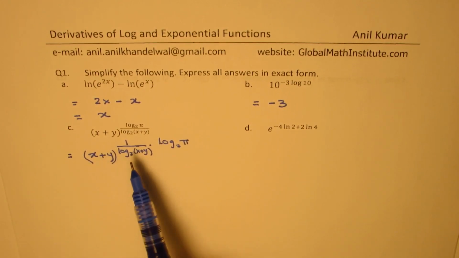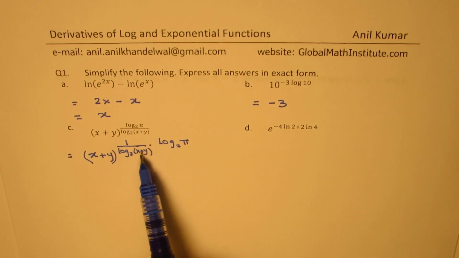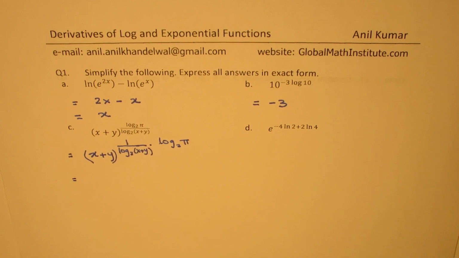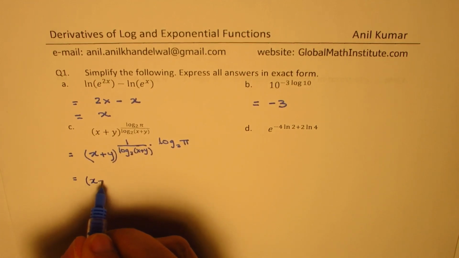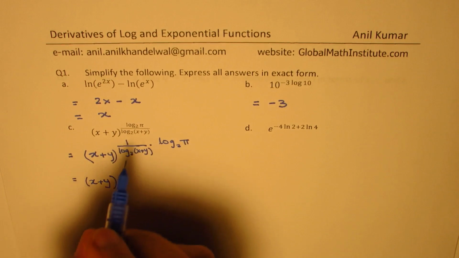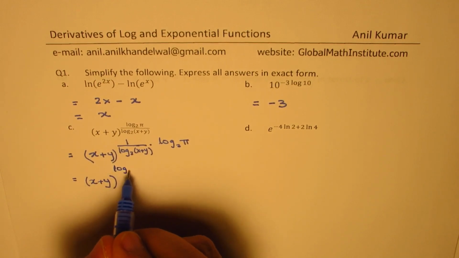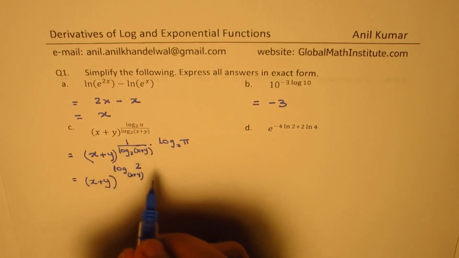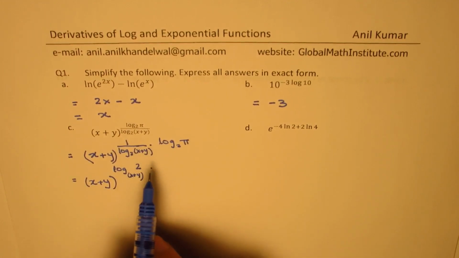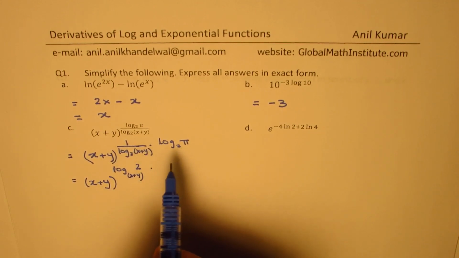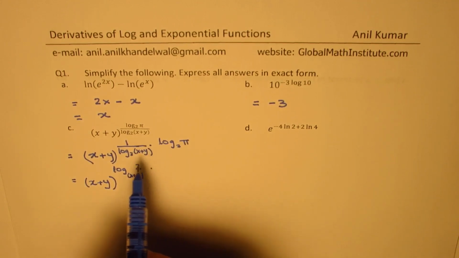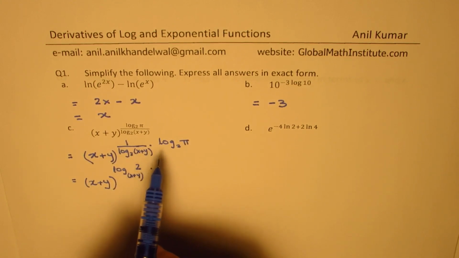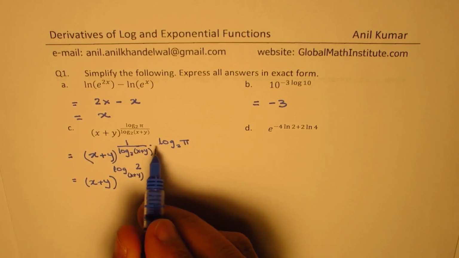So we can swap the argument and the base. We could write this as x plus y to the power of log to the base x plus y of 2, times log to the base 2 of pi. Now whenever we have a product in exponents, we could also write this as a power of a power.